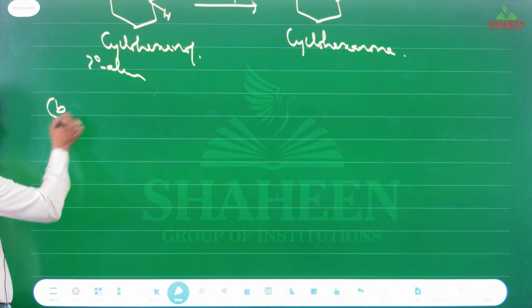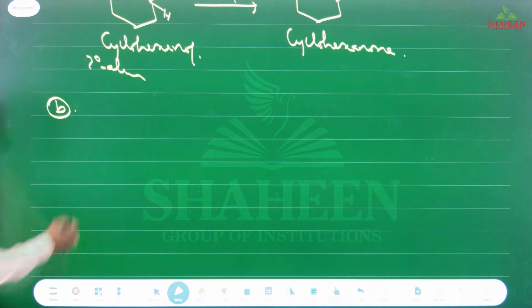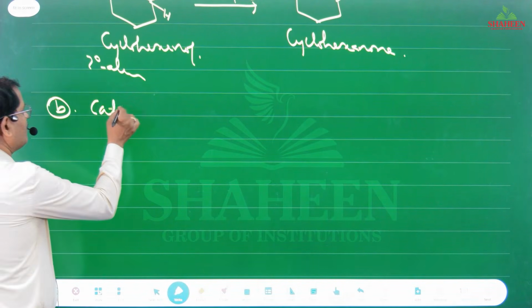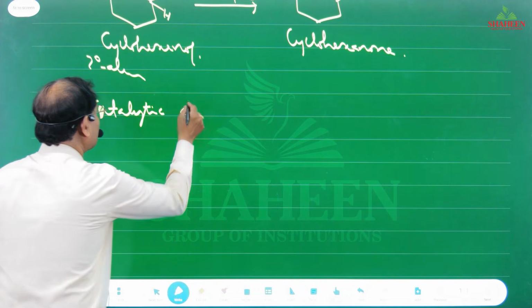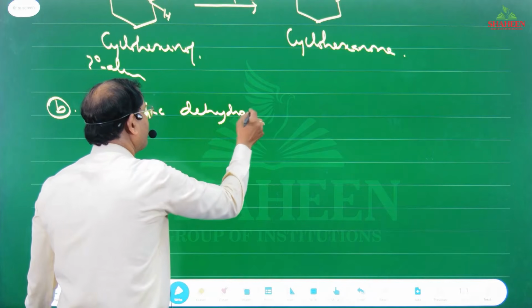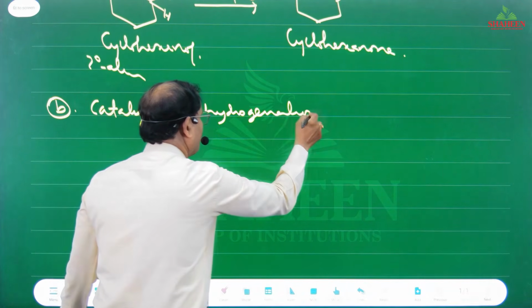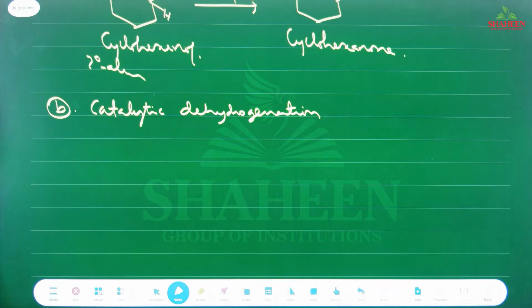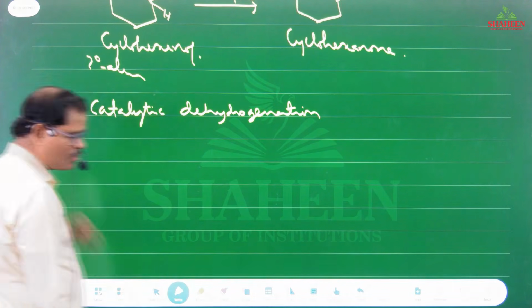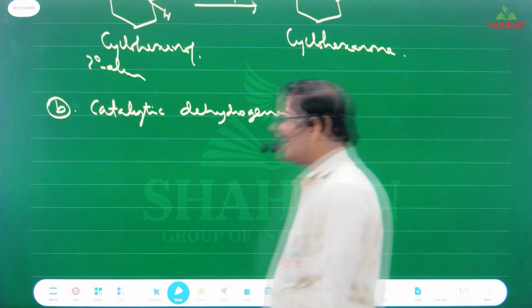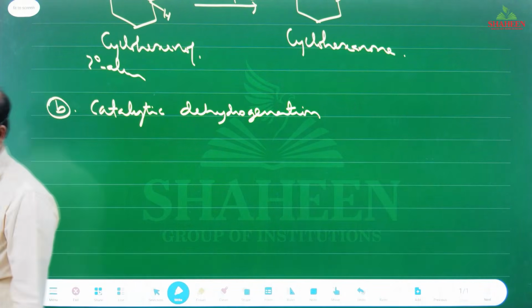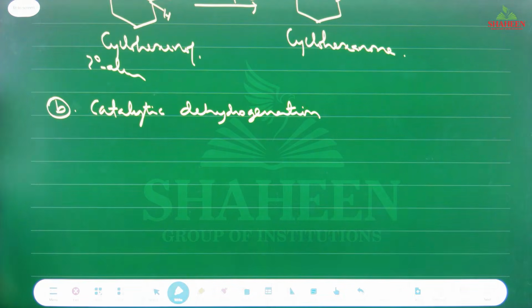And from alcohols, the second method is catalytic dehydrogenation. By catalytic dehydrogenation of alcohols, a primary alcohol can give an aldehyde, a secondary alcohol can give a ketone, and tertiary alcohols cannot participate in the formation of carbonyl compounds.